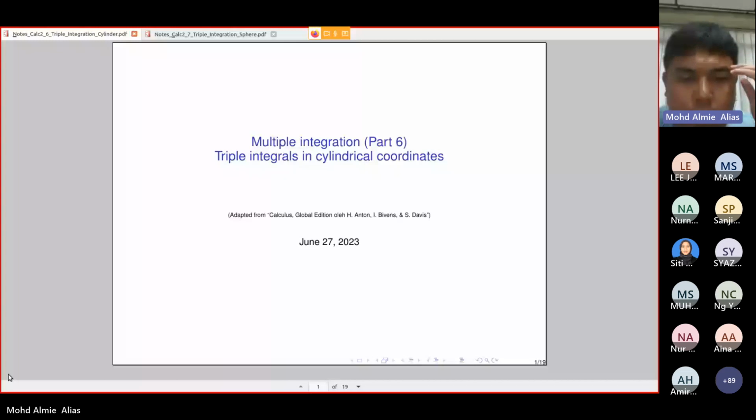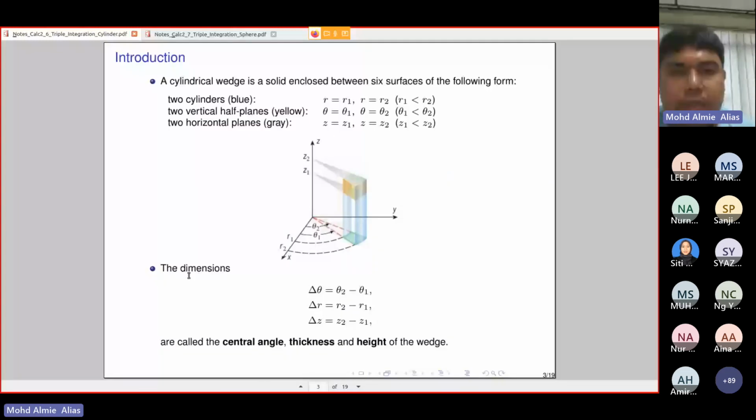So we discussed these three basic quantities in cylindrical coordinates, and each quantity represents 2 walls of your wedge.